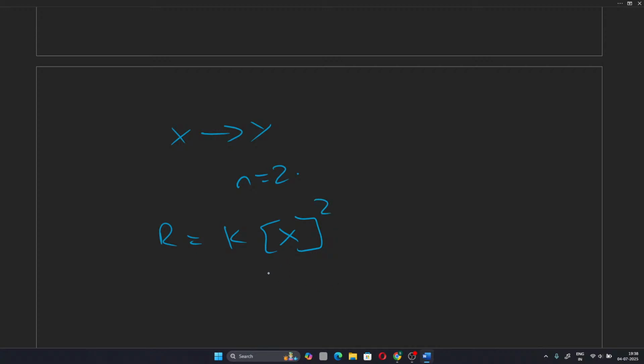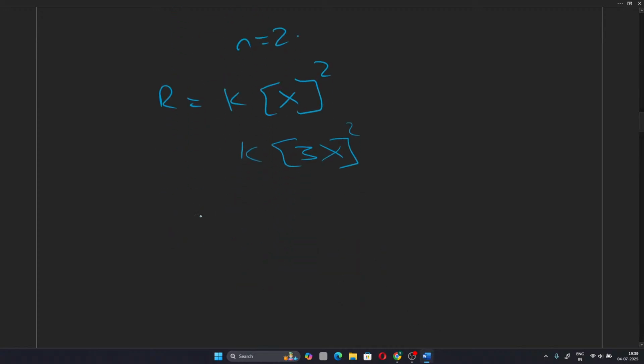They are asking if X is 3 times X, then K times 3X whole power square, then it is equal to 9 times K X power 2. So the rate of the reaction is influenced by 9 times.